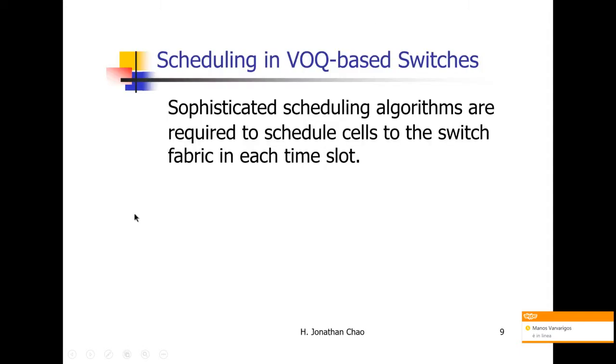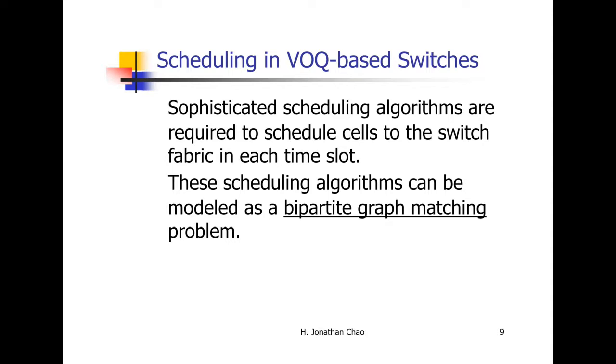And this is basically the task of the scheduling mechanism for virtual output queuing switches, which is able to select the cell that has to be transferred in each time slot. In order to apply mathematical techniques that enable us to solve this problem, we can refer to a bipartite graph.